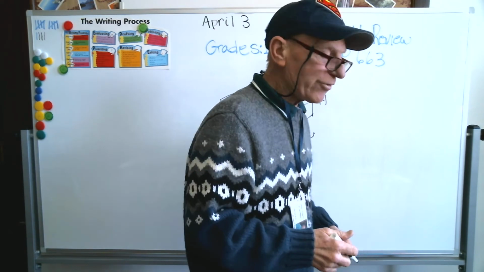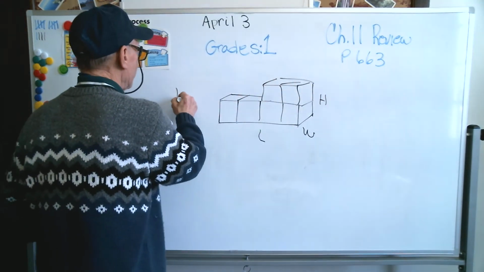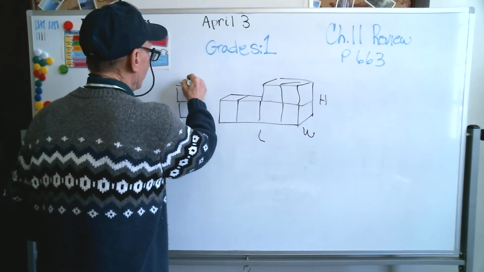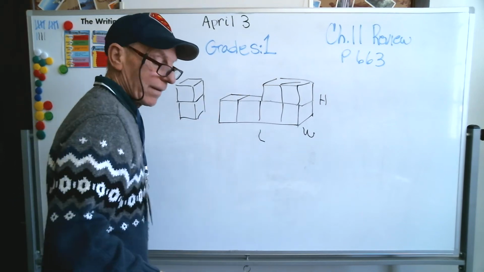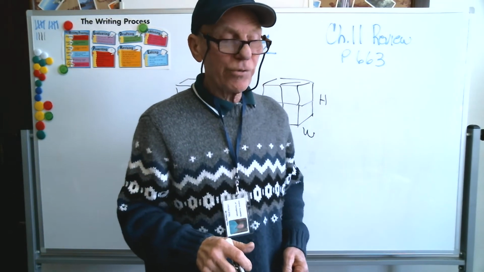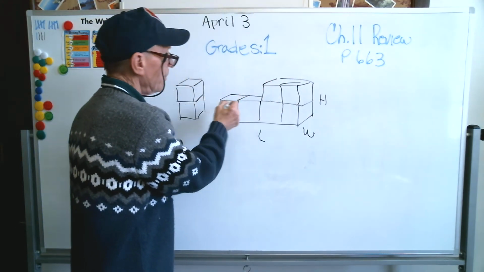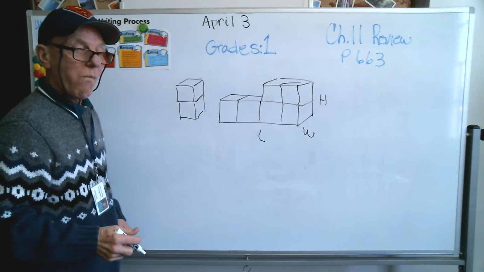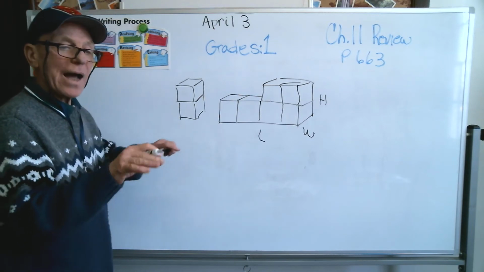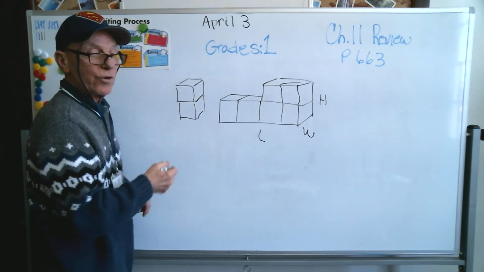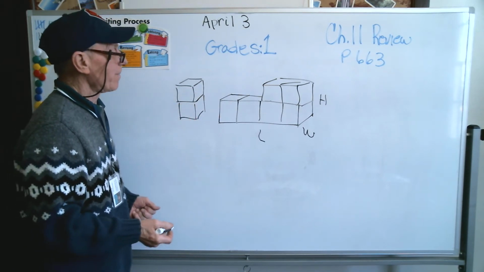But anyhow, it's asking you, if you have this, how many of those are used to make this shape? So now you got to kind of let your eyes look at it and figure it out. Well, this is 2 cubic blocks.